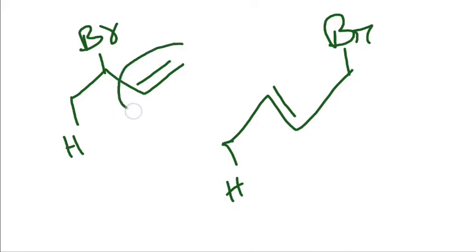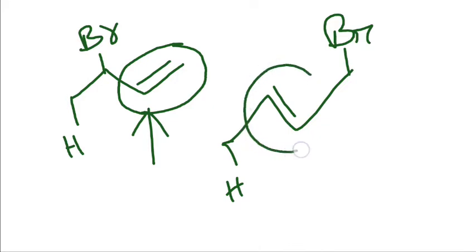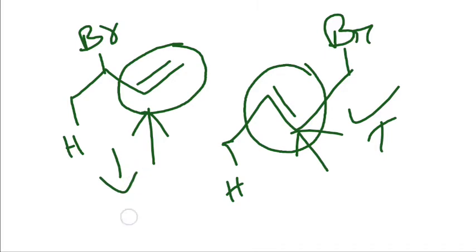So you can see here that there is a double bond in the terminal position, and the thermodynamic product consists of an internal double bond. So we can see here that there is an internal double bond in the thermodynamic product.